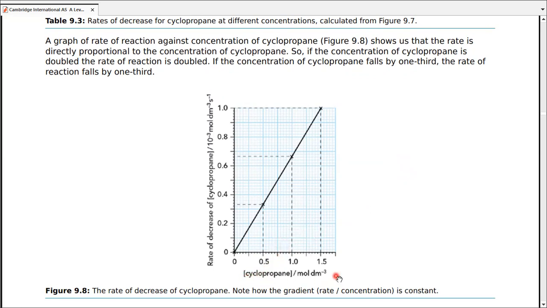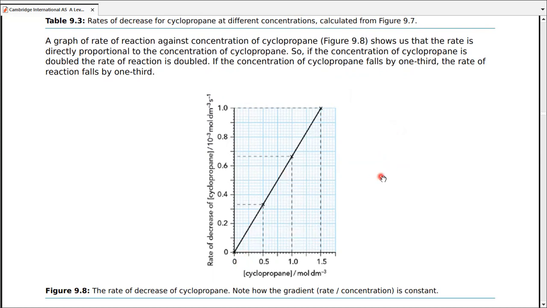So there you have concentration on the x-axis and the rate of decrease of cyclopropane, which is 10 raised to the power minus 3 mole per decimeter cube per second, given over here. The values 0.33, 0.67, and 1 conform, giving us a straight line.